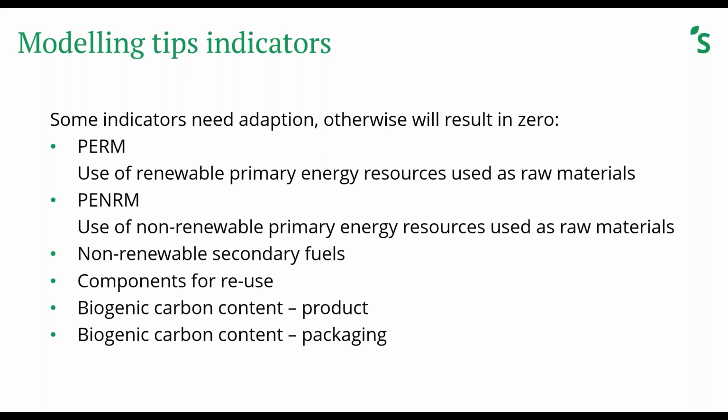Once you know that a certain ecoinvent product is your product, then ecoinvent supplies, as I will show in a bit, the information that you need to include in your modeling to come to the right results. It might be better to show that a bit later. And like I said, the last 2 are about biogenic carbon, one for the products and one for the packaging.